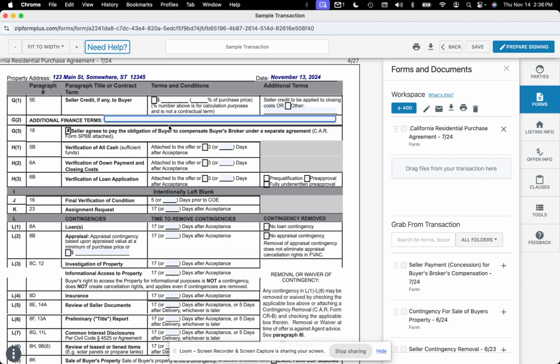And usually what I would write in is seller to pay for buyer agent commission as per SPBB, because that's the form SPBB. This way it just alerts them that you've actually checked this box here.